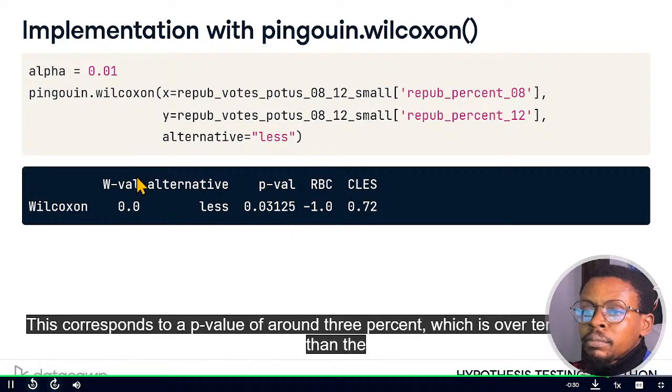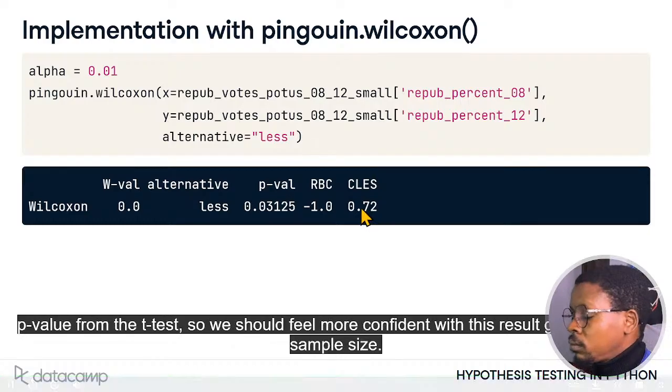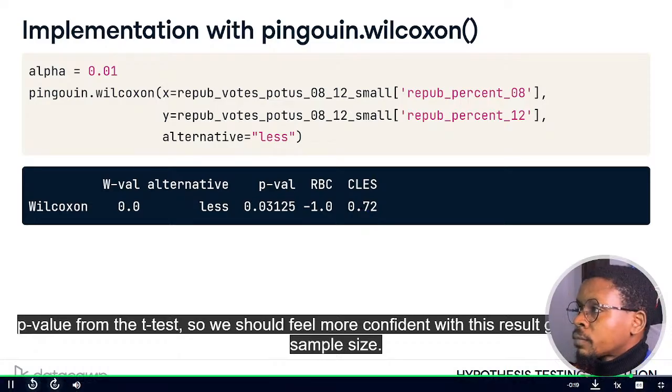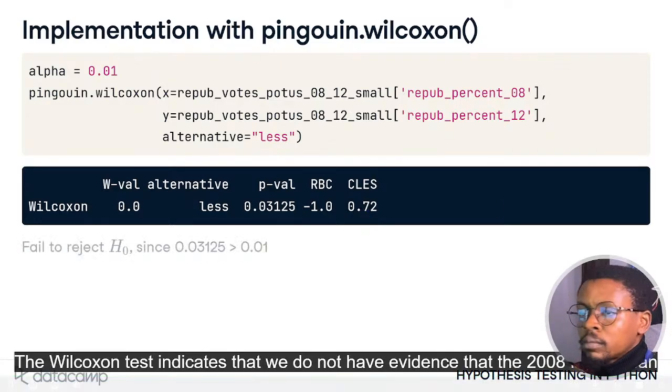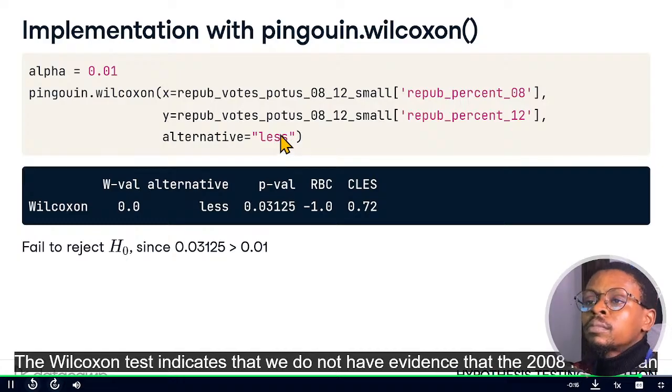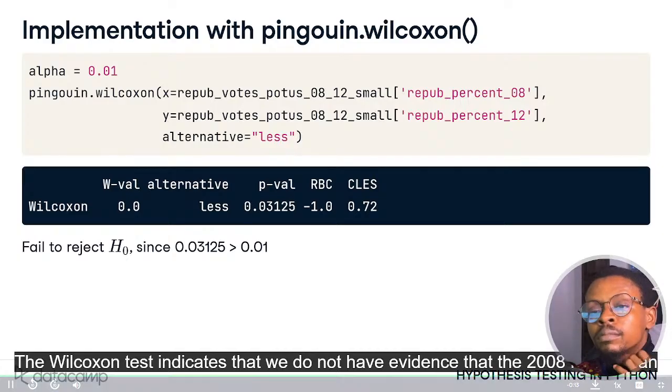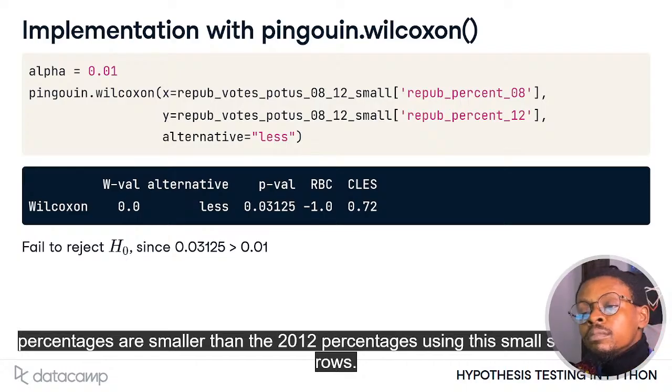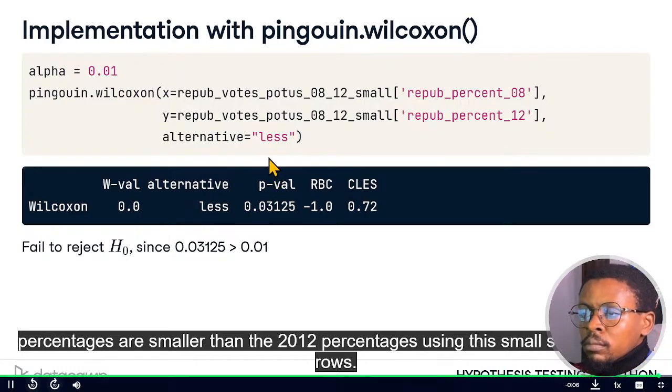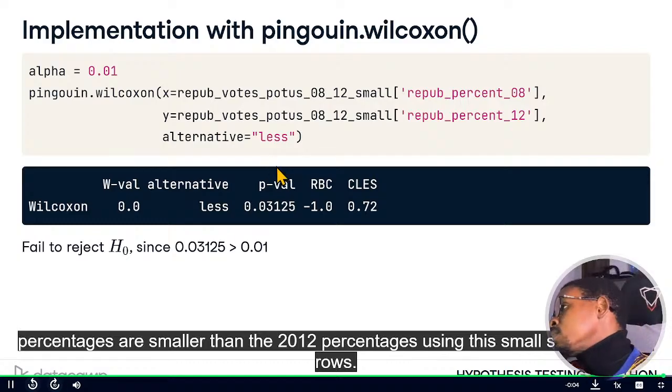This corresponds to a p-value of around 3%, which is over 10 times larger than the p-value from the t-test, so we should feel more confident with this result given the small sample size. The Wilcoxon test indicates that we do not have evidence that the 2008 Republican percentages are smaller than the 2012 percentages using this small sample size of 5 rows.